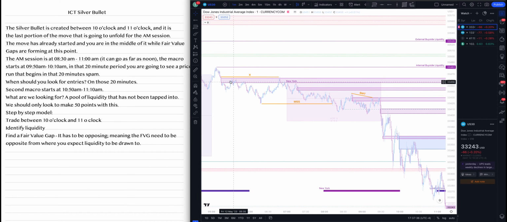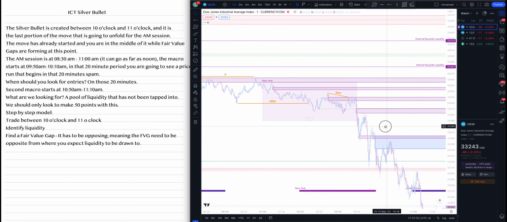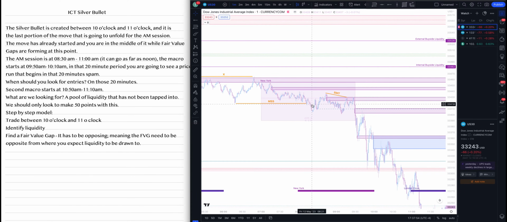This was the trade that I was taking in the morning. I saw a fair value gap. I saw price trade into it, and we started creating a bearish order flow, and I was just stacking positions. Of course, we had a market structure shift and an SMT with NAS and SPX.